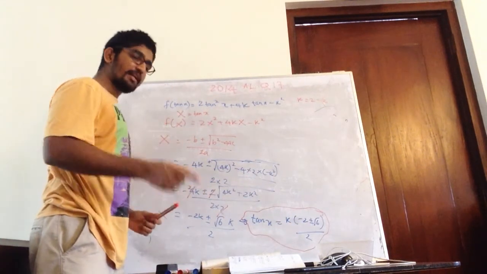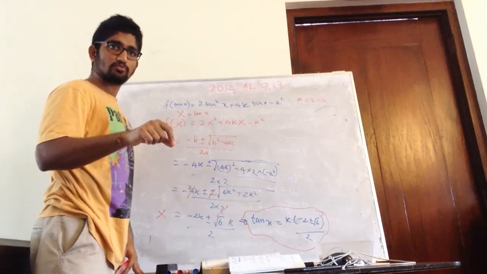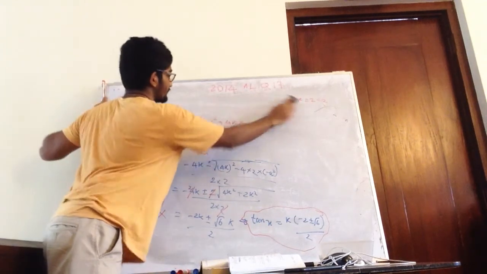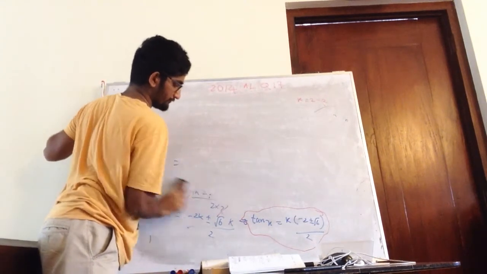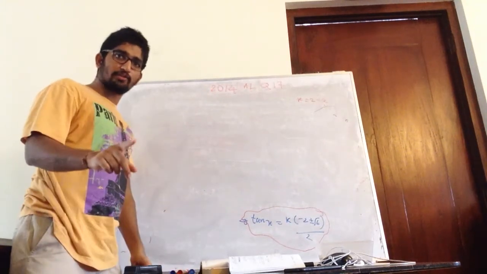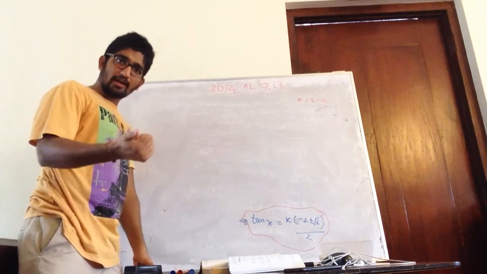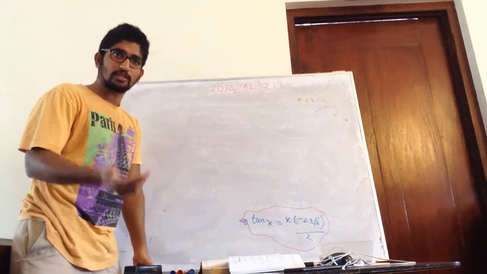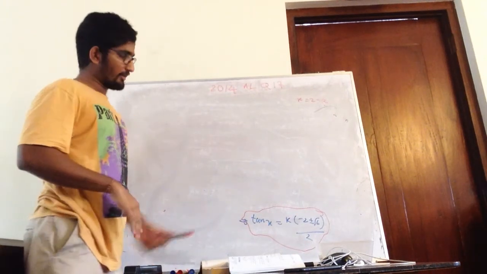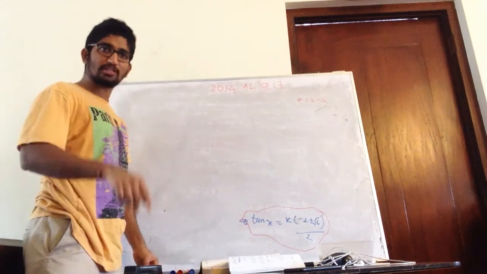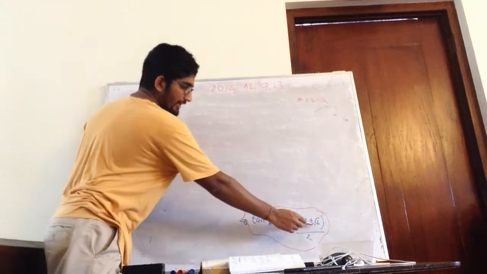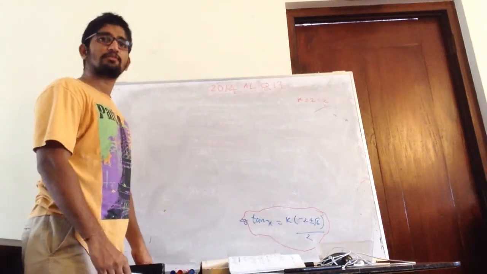So now they are asking tan 5π over 24. Tan 5π over 24 is a positive value, no? Because it's greater than 0 and less than π over 2. Now that means this should definitely be positive. For this to be positive, if I take the minus part, will it be positive?